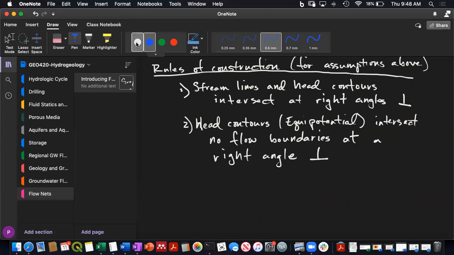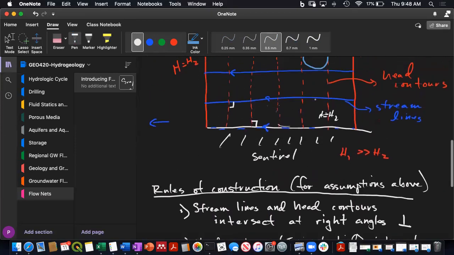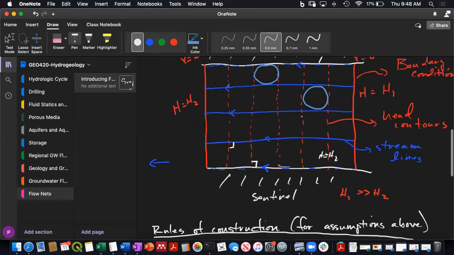The third big one, we need to make curvilinear squares between our sets of curves. All right.